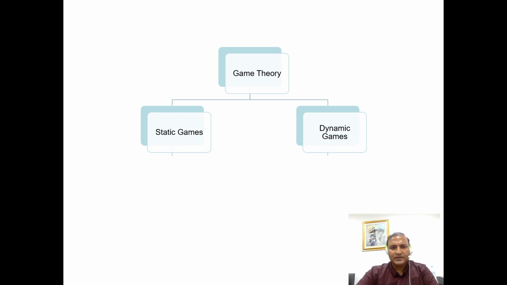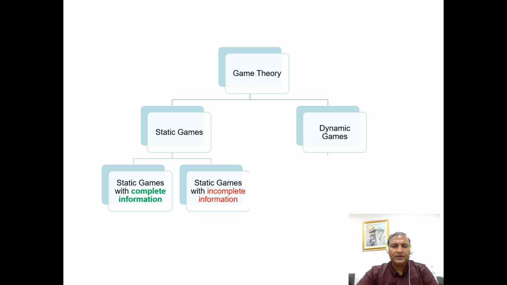And then these static games can further be divided into static games with complete information and static games with incomplete information. And the main difference between complete information and incomplete information is that at least one of the players does not know the payoff function of the other player, and then it becomes incomplete information.